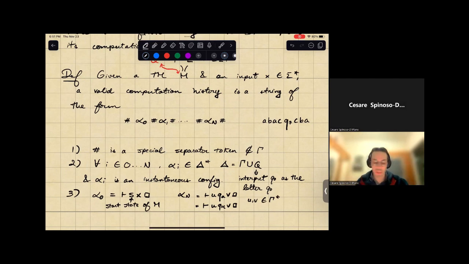And the last condition is hopefully also logical. Right now we're just saying what each of these alpha i's should look like. But remember, we're talking about the valid computation of a Turing machine running on X. And so if you want this to make any sense, the relation between alpha 1 and alpha 0 should be that in one step of the Turing machine, you can get from the configuration alpha 0 to the configuration alpha 1.